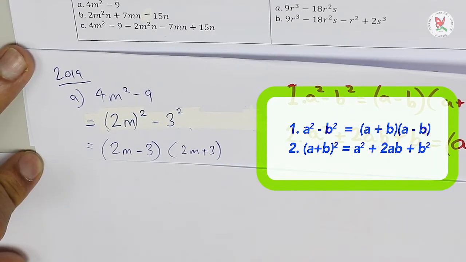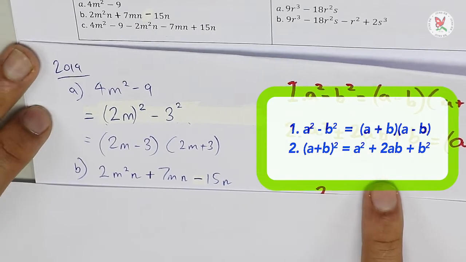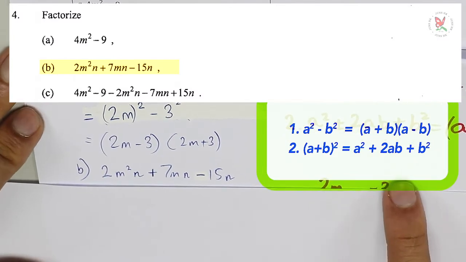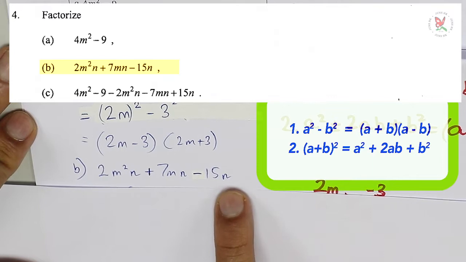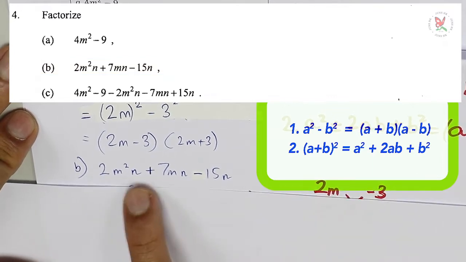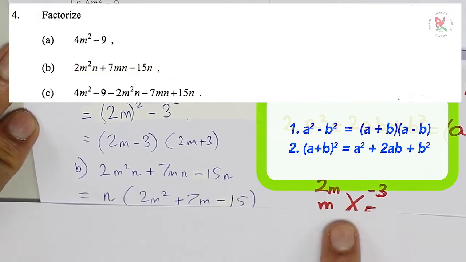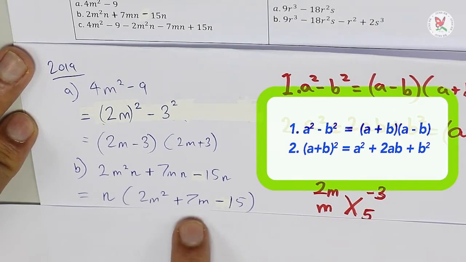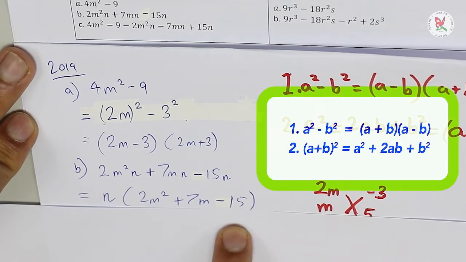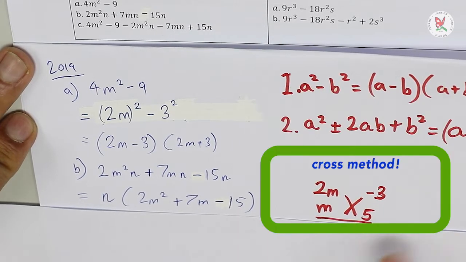Moving on, this question is similar, but first you have to take out the n, because there's n common in each of these terms. Once you've done that, you're left with 2m squared plus 7m minus 15 on the inside. This is when you have to use the cross method.